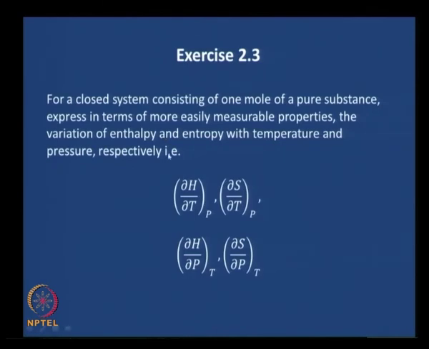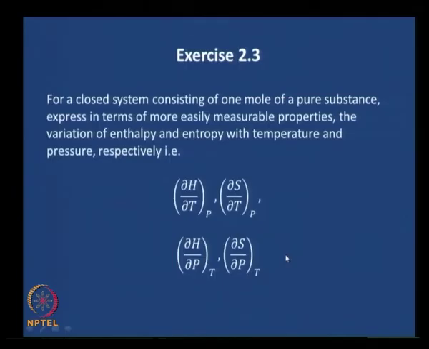In other words, ∂H/∂T at constant P, ∂S/∂T at constant P, and just the flip with P and T, ∂H/∂P at constant T, ∂S/∂P at constant T.